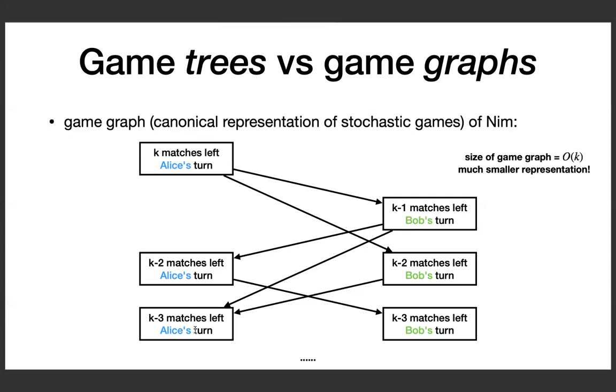This is precisely why we care about stochastic games or graph form games: an algorithm that runs in polynomial time in the size of a game graph can be much more efficient than an algorithm that runs in polynomial time in the size of the game tree of the same game, because there can be a huge gap between the size of the graph and the size of the tree.